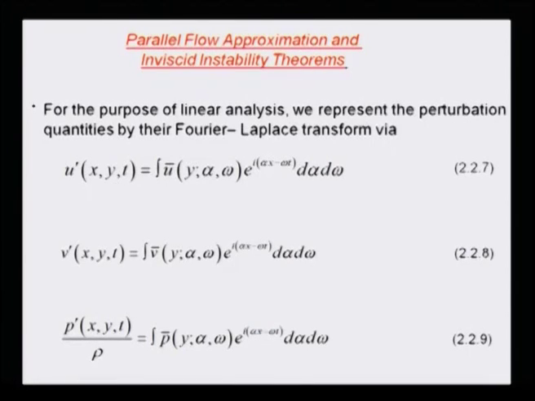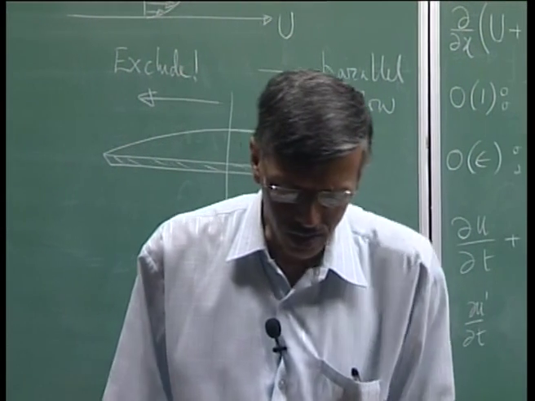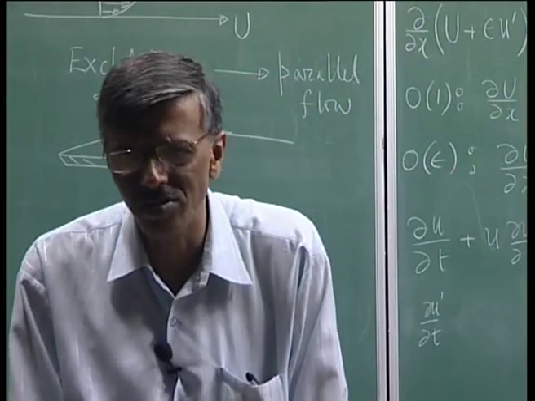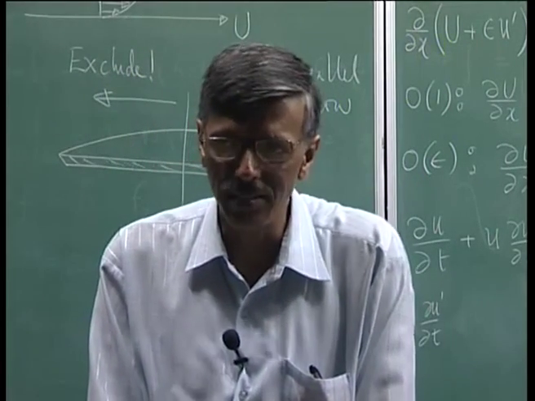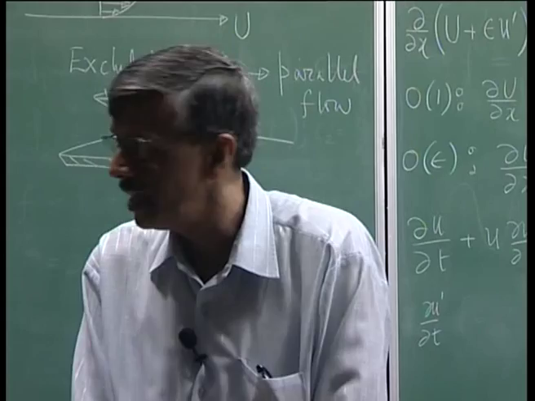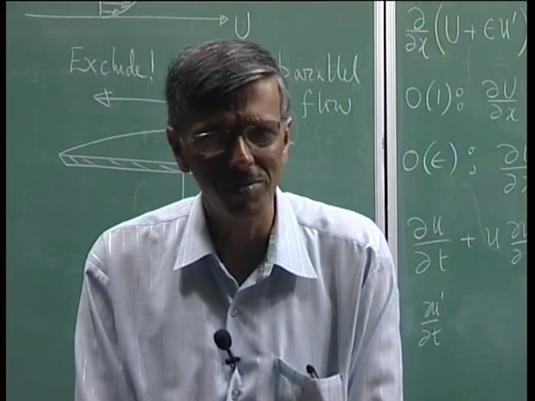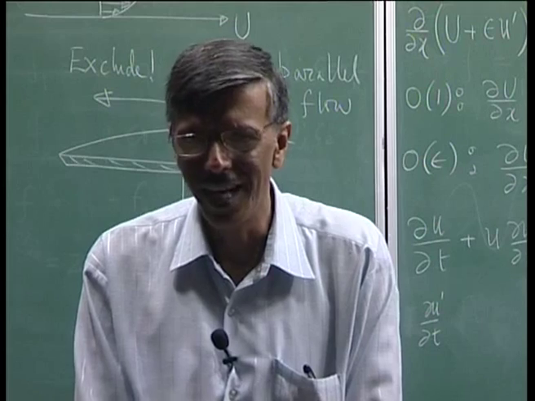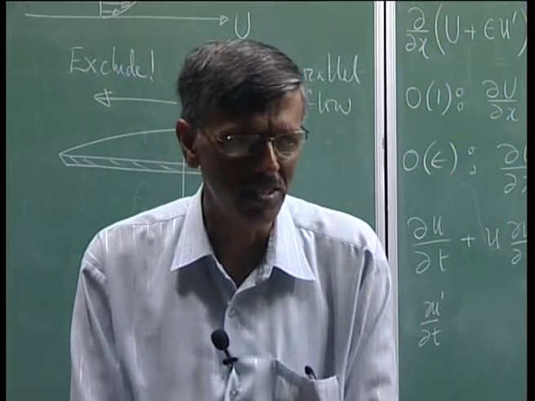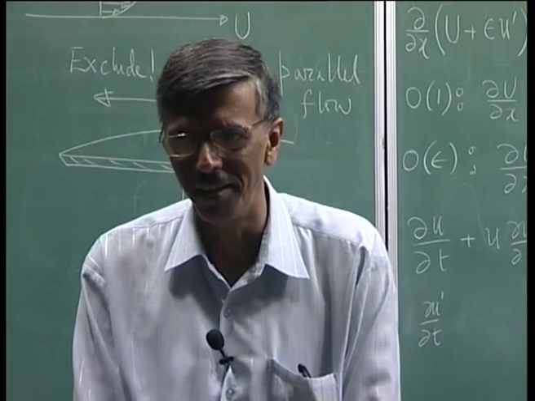Please do understand that we are talking about the most general space-time variation, and you understand also that this course is somewhat special, in the sense that when we do such a Fourier-Laplace integral, it is somewhat different from what you may have done in your maths course. There you will always take alpha as real, omega as real. Why?